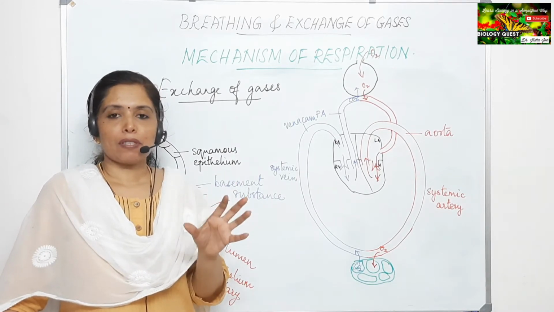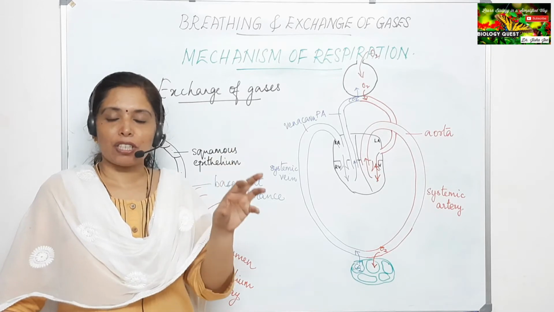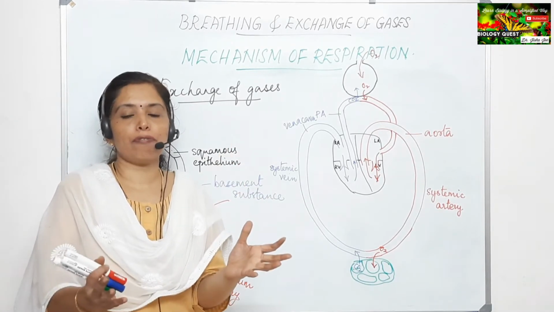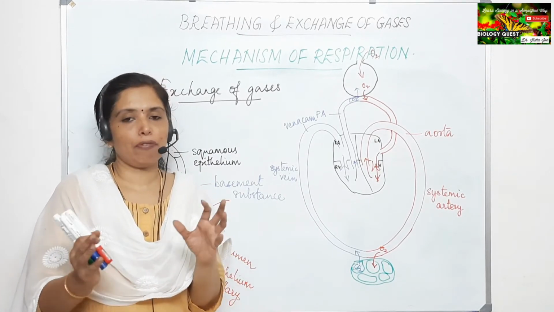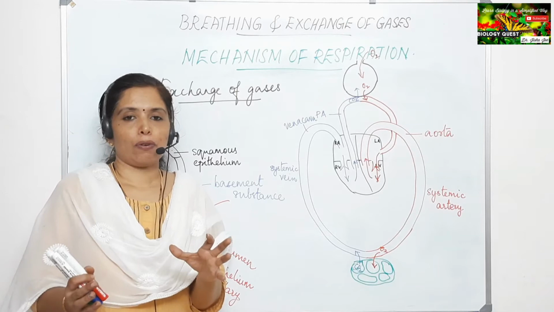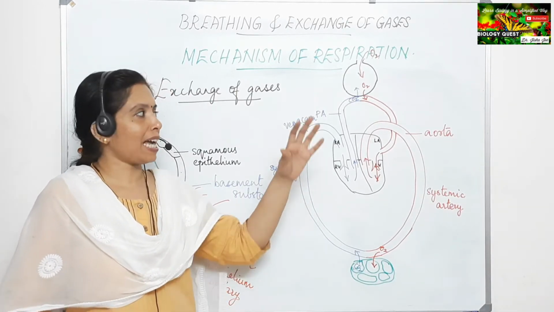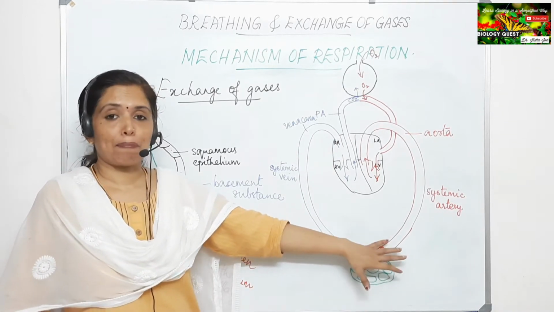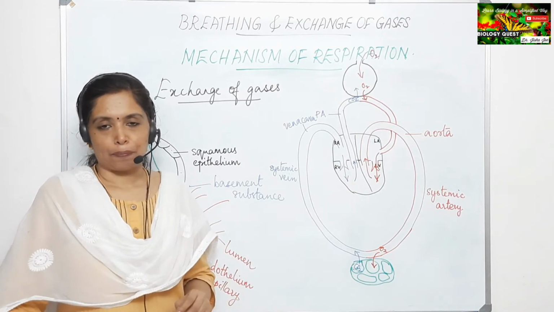Suppose the pressure contributed by oxygen in the mixture of gases is called the partial pressure of oxygen. So the process of diffusion, both at the alveolar surface as well as in the tissues, depends upon the partial pressure of the gases.